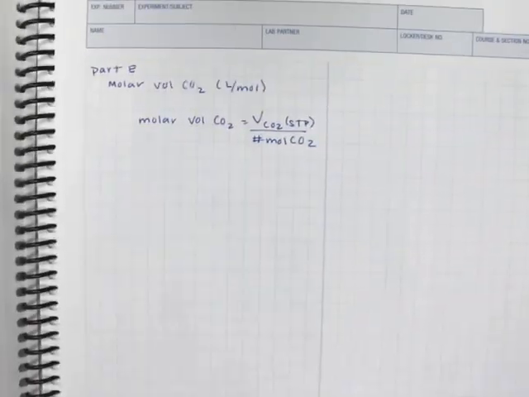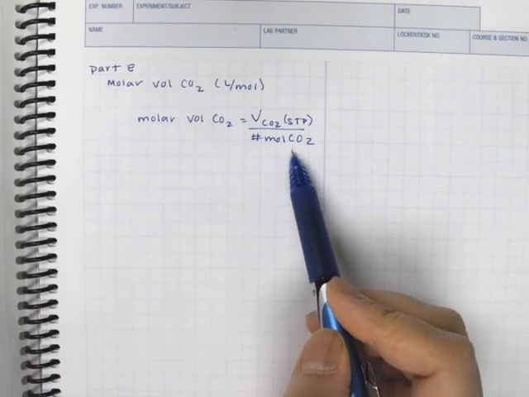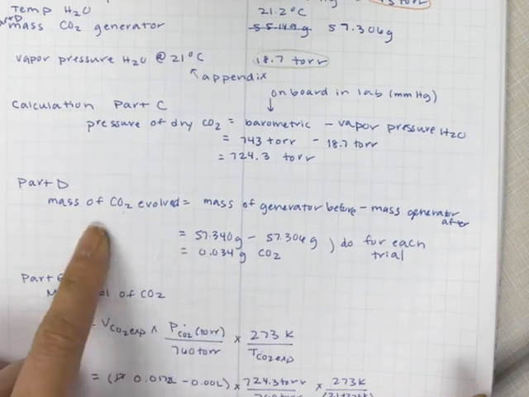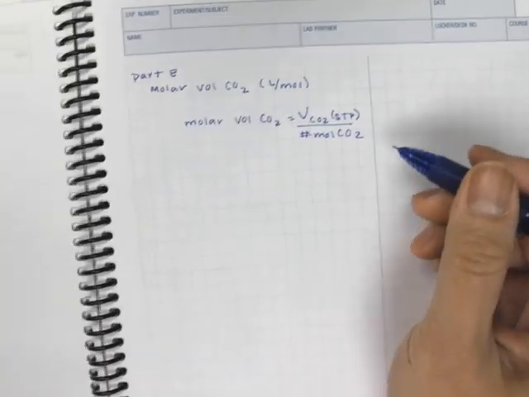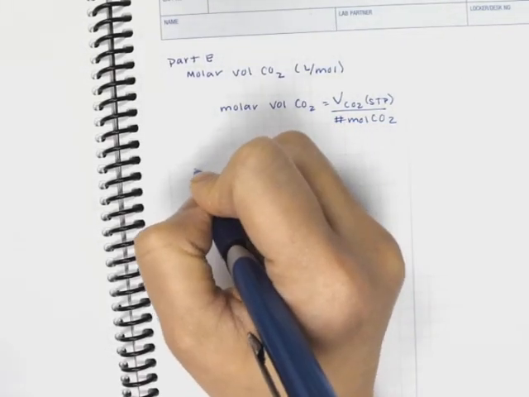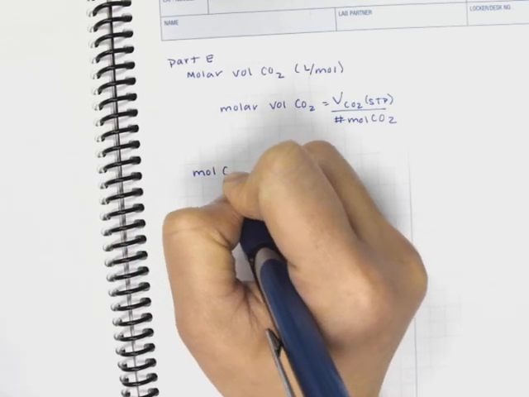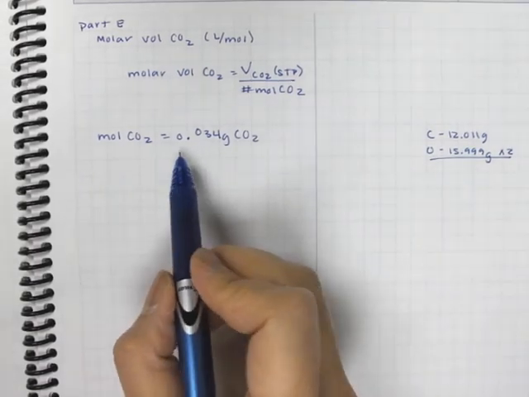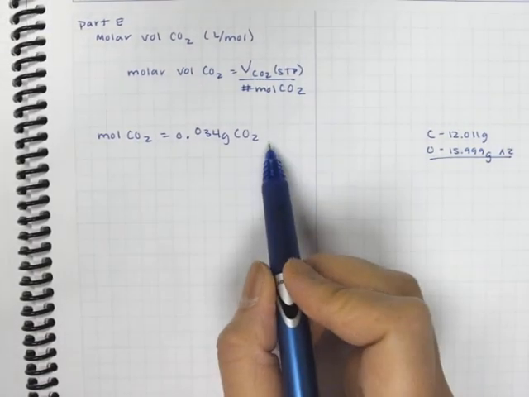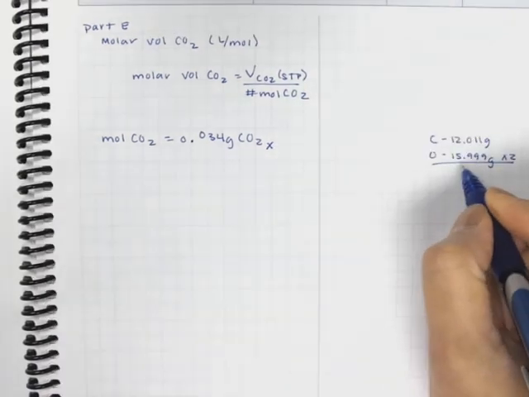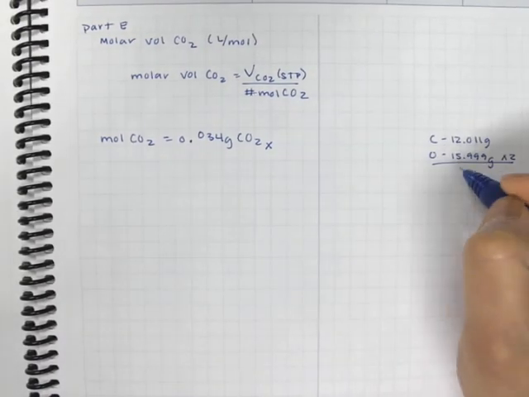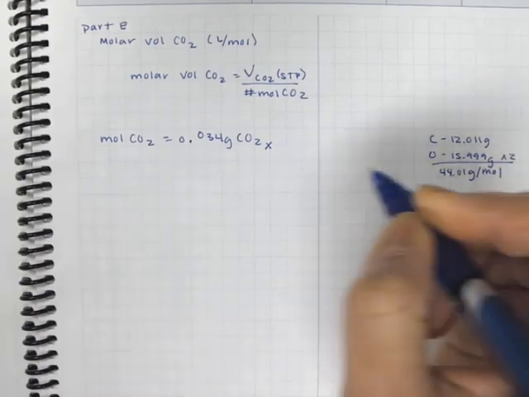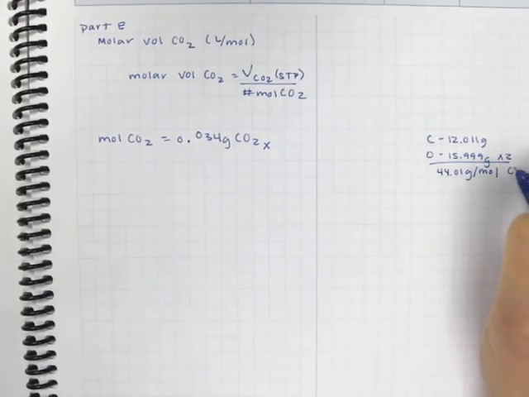To get the moles of CO2, we use the grams of CO2 that you found in part D. I need the molecular weight, which is 1 carbon plus 2 oxygen, so that is 44.01 grams per mole.